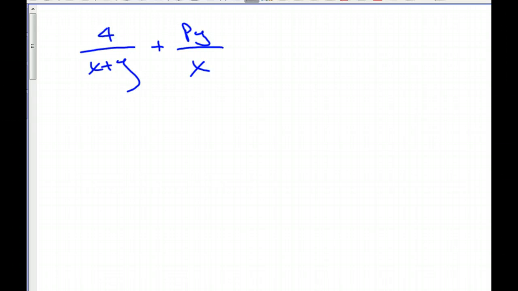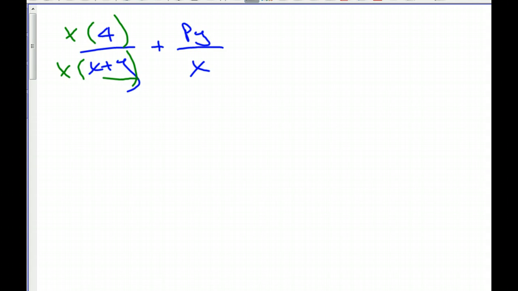Find common denominators, put those two together, and be happy with whatever I get. So what is the common denominator? X plus y. I heard the right answer from a couple of you. All right, so we're going to find common denominators. How do we find the common denominator? Multiply them by each other, pretty much.